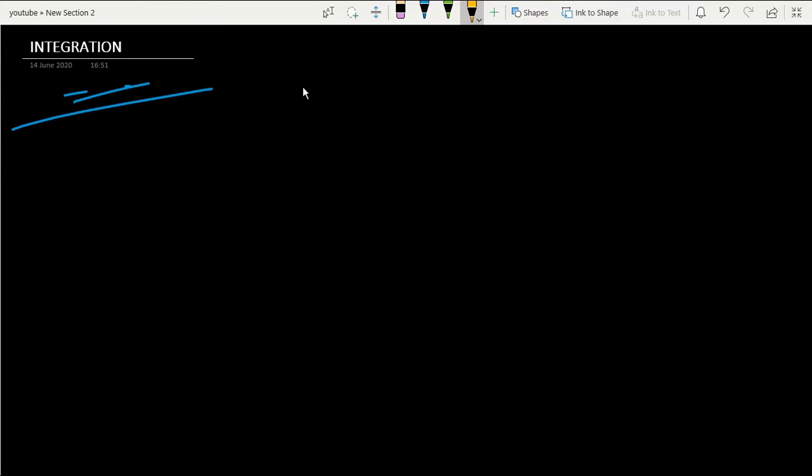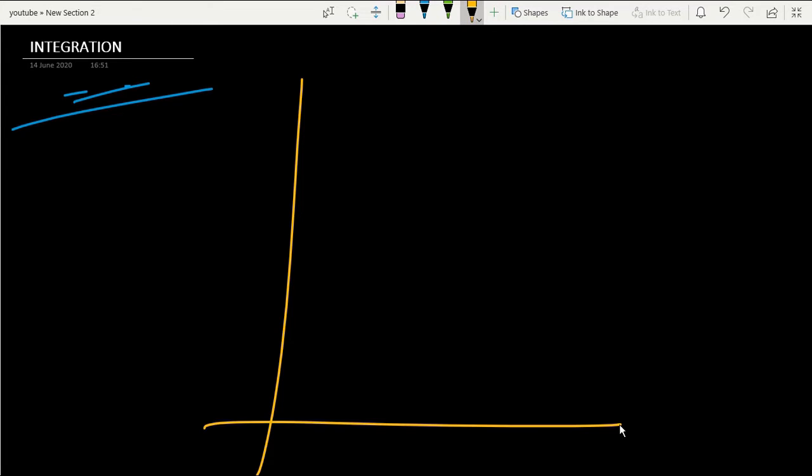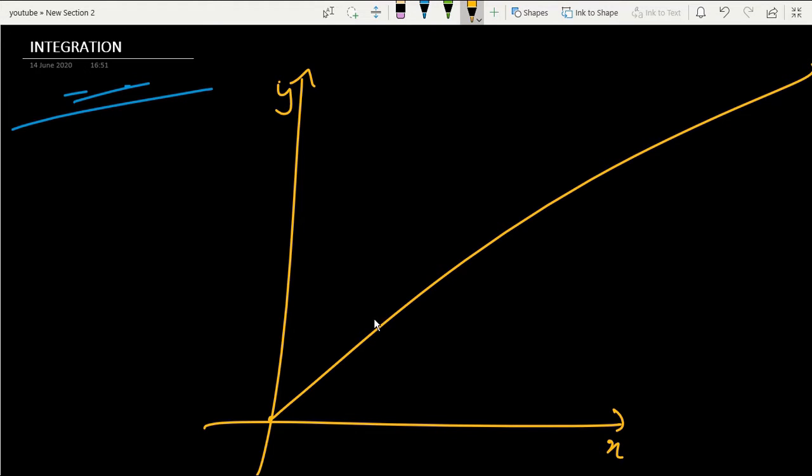So first let's draw a graph. This is the x-axis and this is the y-axis. Okay, and this is the graph. I'll ask you a question about that. Find the area of this. You can easily use the formula for finding the area of a triangle, half base into height.